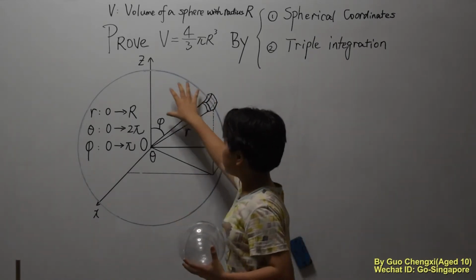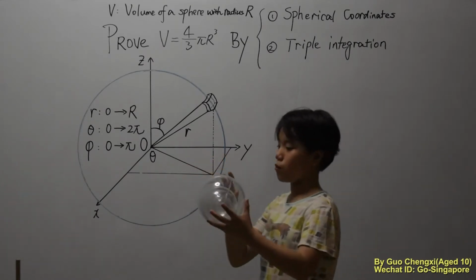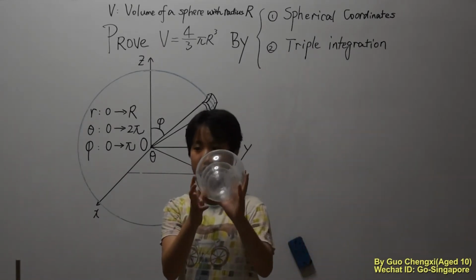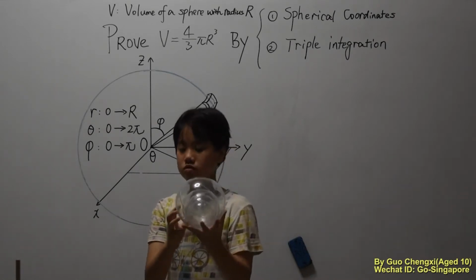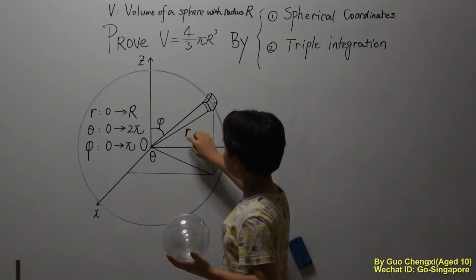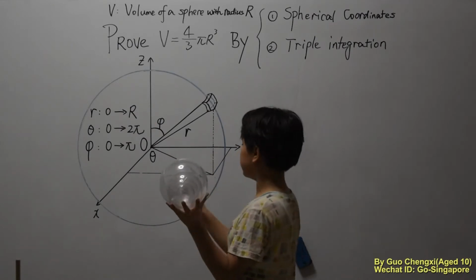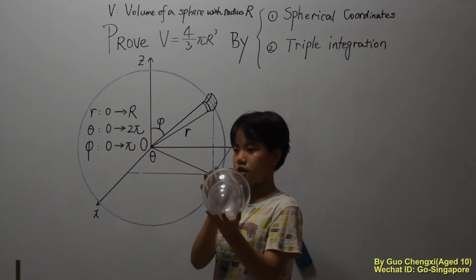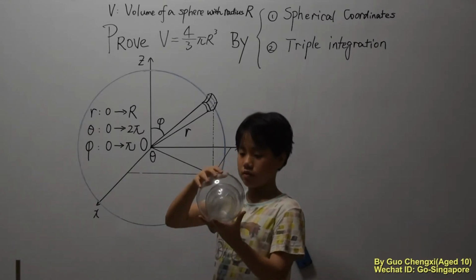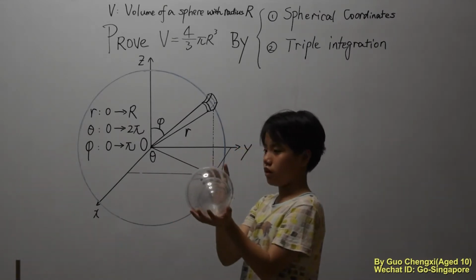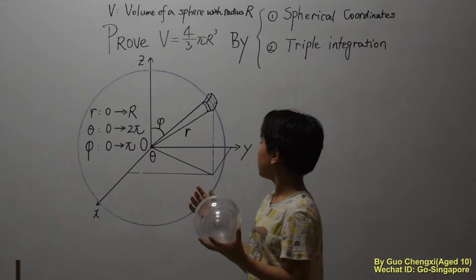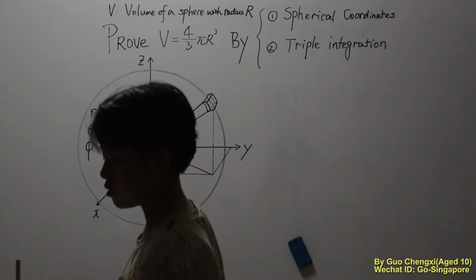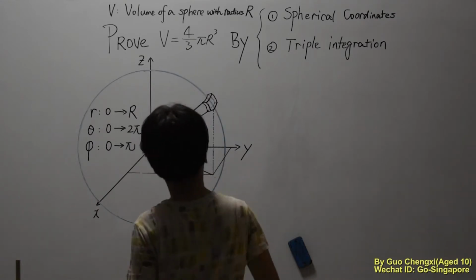So for this part, this is basically one of the spheres inside it. So this small r is basically the sphere inside it, and then what about this big R? The big R is this big sphere over here, the radius. So that's for the R's.